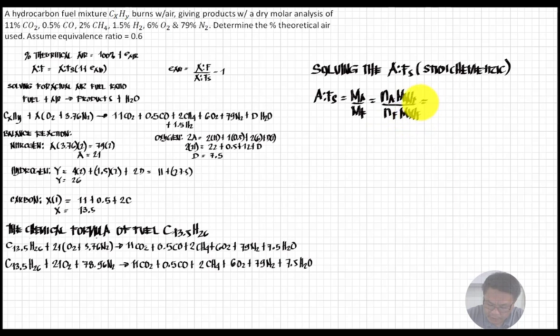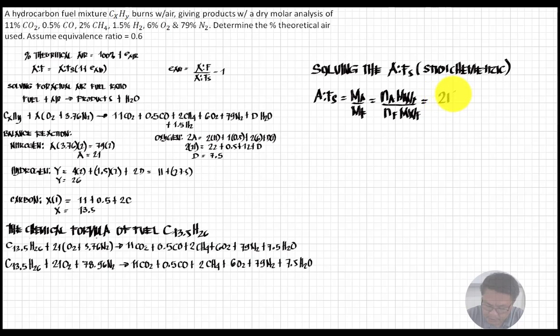So this is equal now to moles of air, we have 21. So that will be 21 times 32 for your oxygen.